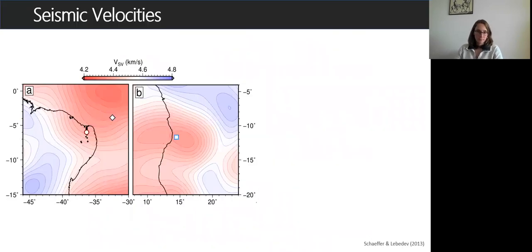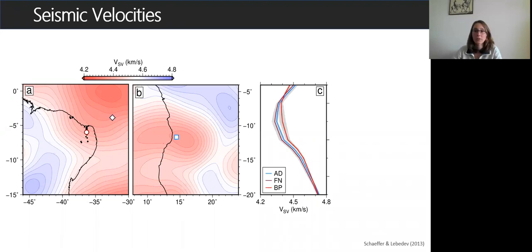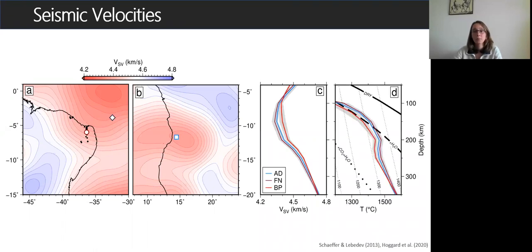So what about shear wave velocities? On the map here in red colors are slow, anomalously slow velocities that again seem to match with where we see the volcanic distributions. And we can extract velocity profiles and convert them to temperature. And again, the dotted lines here are mantle adiabats for different potential temperatures.